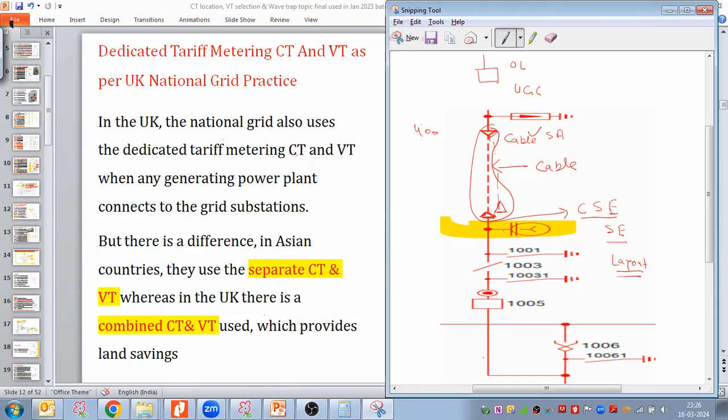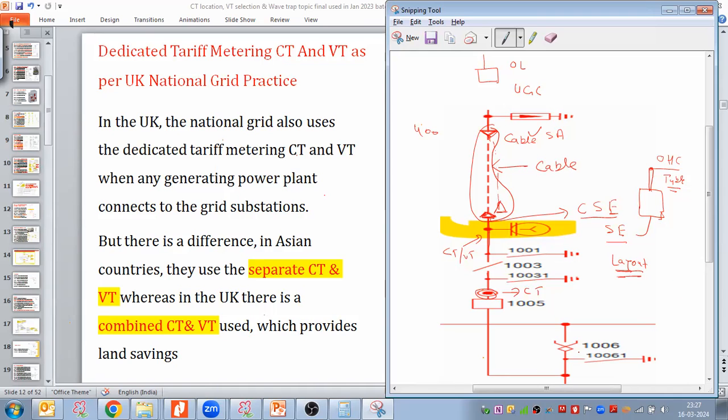Yes, termination. At the sealing end, the cable enters, and then we have the bushings, and then we can connect the overhead conductor or tubular bus bar here. From that tubular bus bar, it will connect with the combined CTVT. And this symbol is for the current transformer.